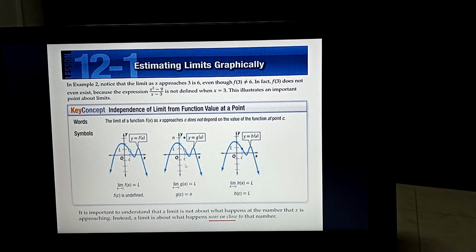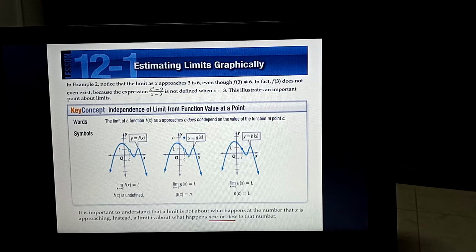Now, here f(c) is undefined because I have a hole here. It means the function does not exist at this point. Now, the second graph. What is the limit of g of x when x goes to c?